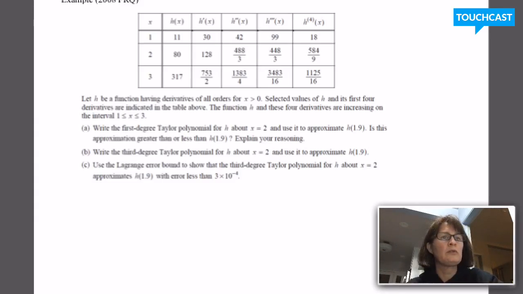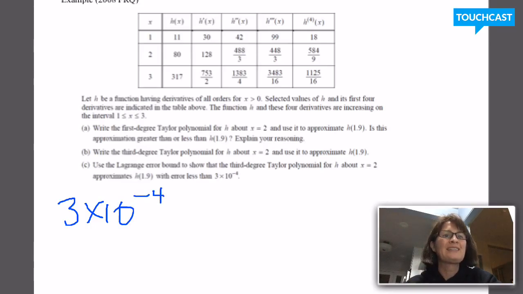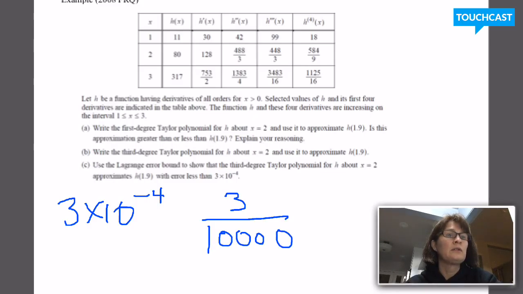So let's just remember 3 times 10 to the negative 4. That's like 3 over 1 with 4 zeros, is one way to think about it. Or less than, that's a 3 with 1, 2, 3, 4, so 1, 2, 3 zeros in front of it.